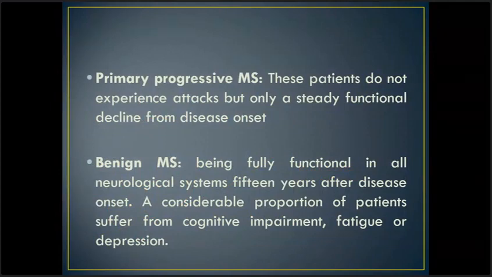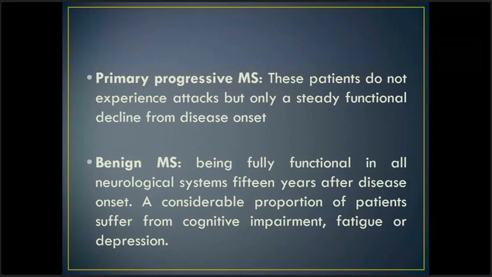Primary progressive multiple sclerosis: this patient does not experience attacks, but only steady functional decline from disease onset. There is a term we call benign MS. In benign MS, the patient is fully functional in all neurological systems 15 years after the disease onset.